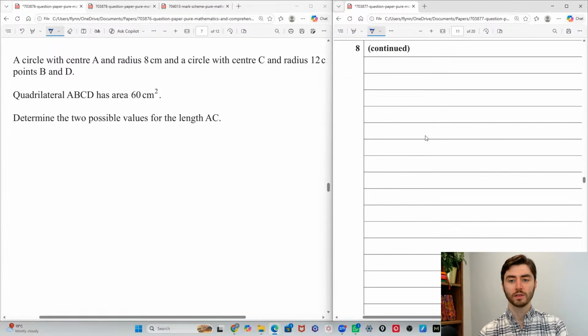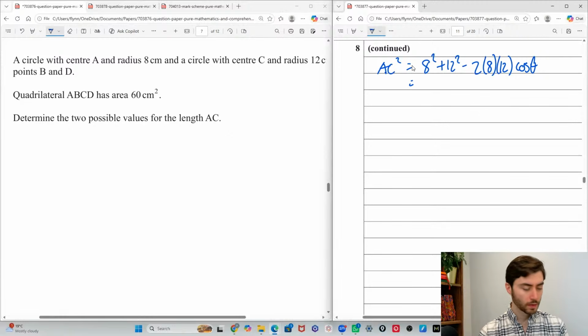So I'm going to start this over here, actually. So AC squared equals 8 squared plus 12 squared minus 2 times 8 times 12 times cos theta. So that's 64 plus 144 minus 2 times 8 times 12 is 192 cos theta.